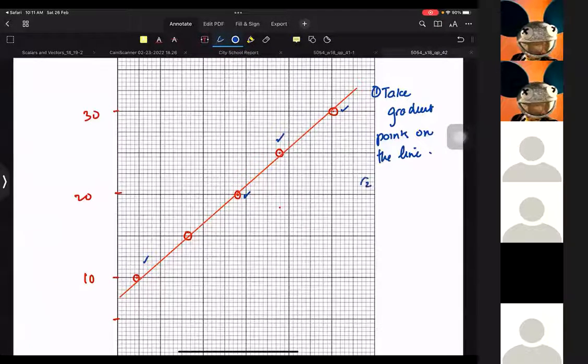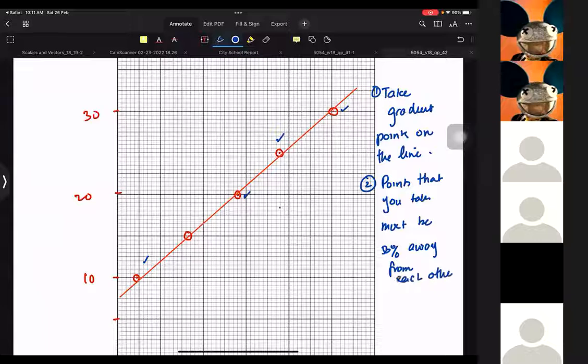And the second rule is that the points that you take must be like 50% away from each other on the line. Okay. So this is the rule.